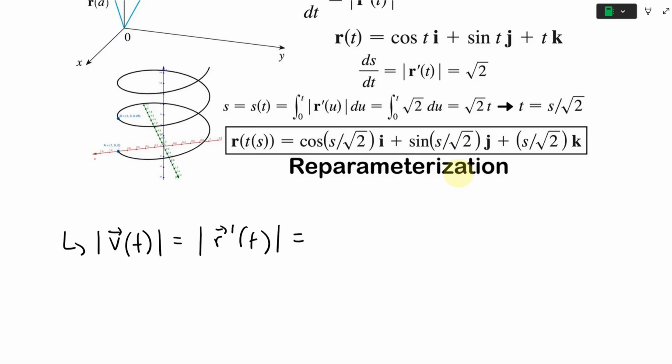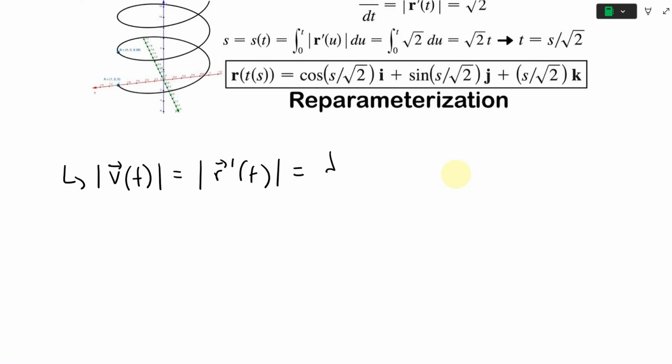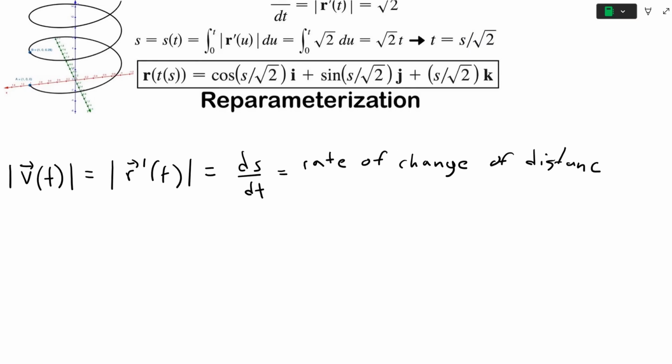And now this equals ds over dt from our earlier video. So ds, that's the arc length. So ds over dt. Writing this out, what this means is basically just the rate of change of distance with respect to time.